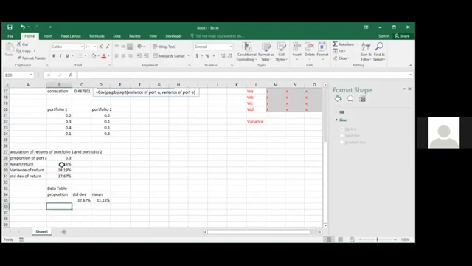Then here you can enter the different proportions. Starting point negative 0.08, we can reduce 0.15.